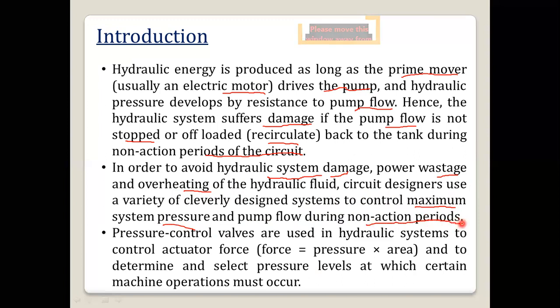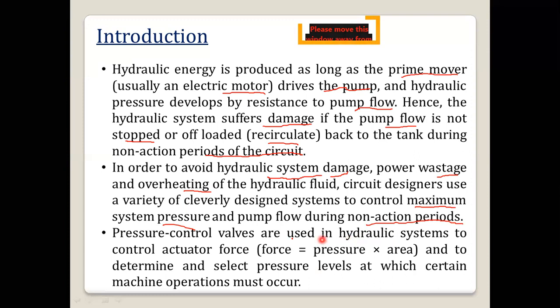Here we are talking about the non-action period, that means the hydraulic system is there but it is not in working condition. At that time, if the pump is continuously running, we have to release the excess pressure to the tank.